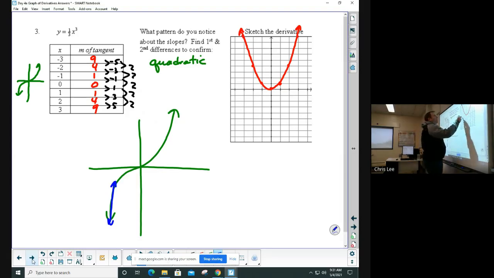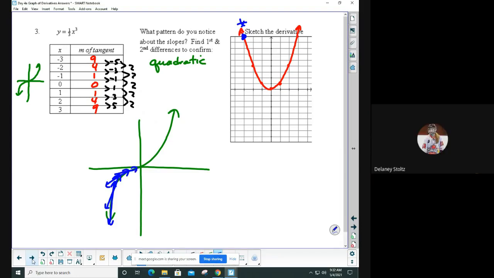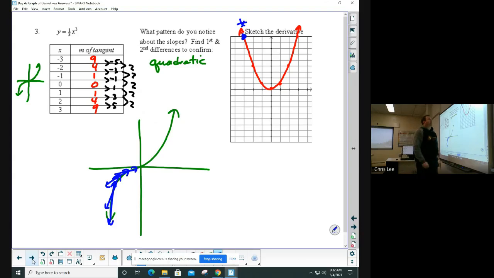So over here on the left side, I start up someplace up here, positive and big. Then describe to me what the slopes of the tangents are doing as it gets closer to 0. They're getting smaller or less steep, but they're still positive. Exactly, and that's why you see the graph doing this.